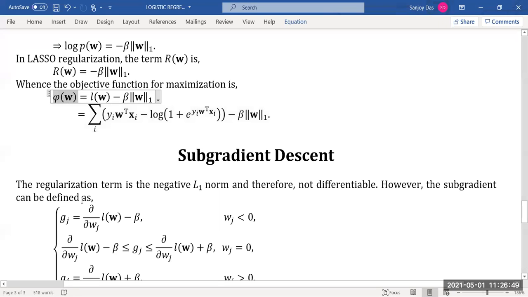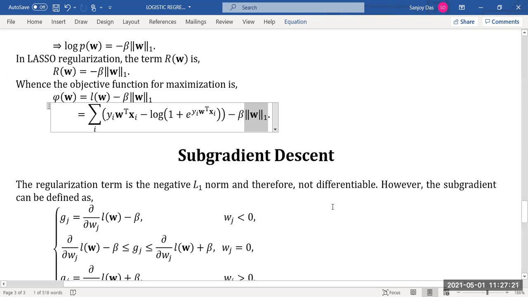It will be the gradient of this with respect to Wj minus the derivative of beta times the L1 norm. What is the L1 norm? The L1 norm is nothing but the summation of the absolute values of the weights, right?